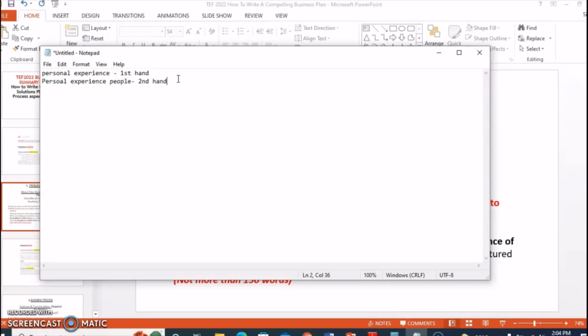These stories of personal experience, first-hand or second-hand, are very captivating, and you need a story that is captivating enough.